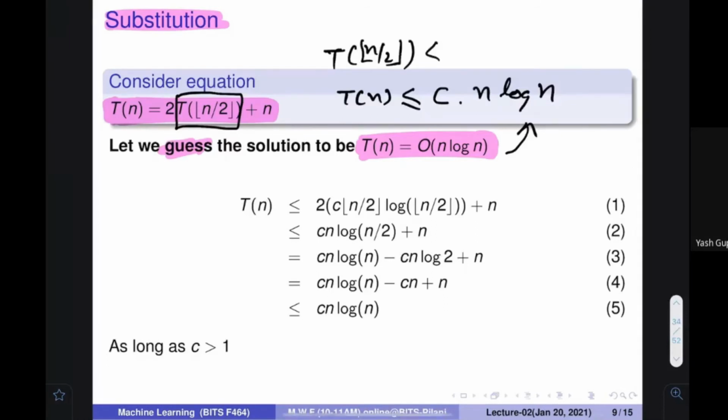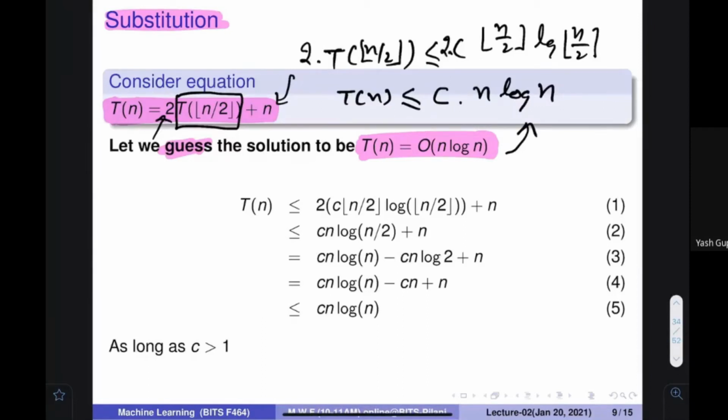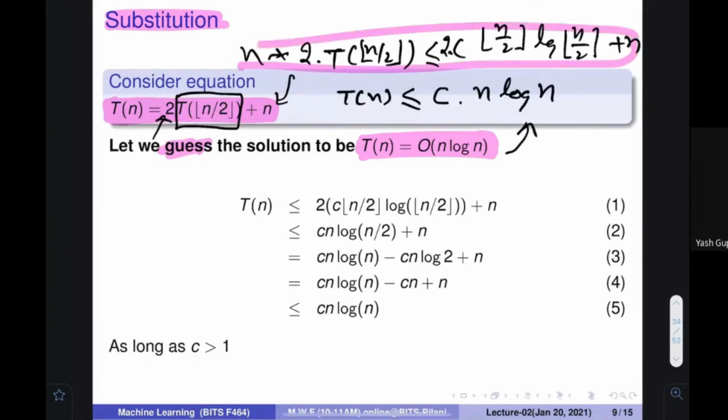It is less than or equal to c(n/2) log(n/2). If I multiply this by 2 and add a term n over here, then it becomes Tn. So let me multiply this by 2, and the 2 is multiplied over here also. Let me add n over here, then n is also added over here. Everybody is okay with this particular formulation? Because of my guess, I have created this.